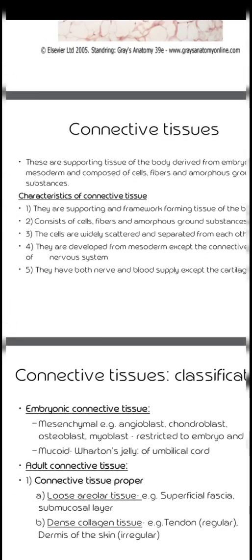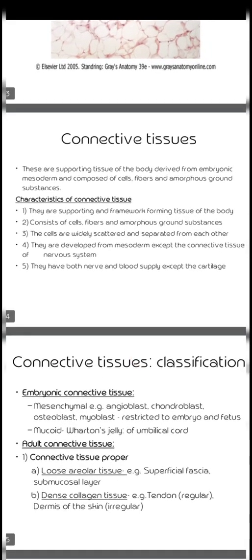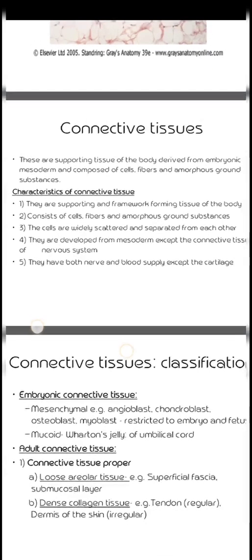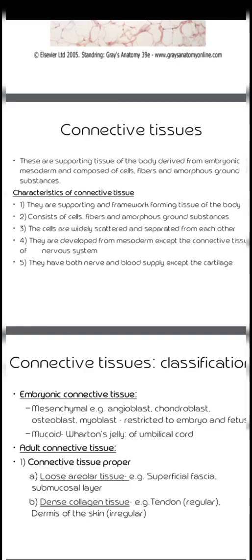What are the characteristics of connective tissue? These are the supporting tissues which support and form the framework of the body. Bone is a good example of connective tissue. Blood is a good example of connective tissue. So these are supporting and framework-making tissues of the body. They consist of cells, fibers, and amorphous ground substance, as we discussed earlier.